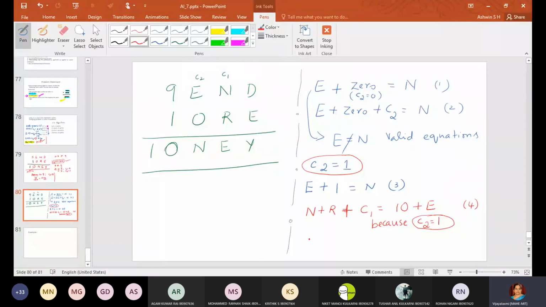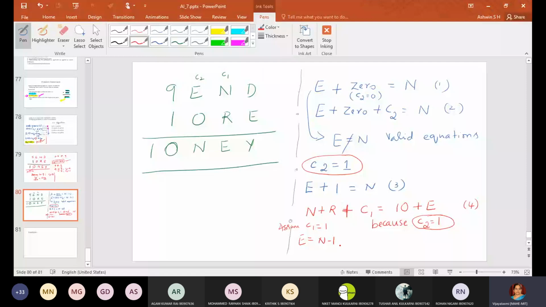We have the next equation, E is equal to N minus 1. Now let us assume C1 is equal to 1. It is my assumption. So E is equal to N minus 1.